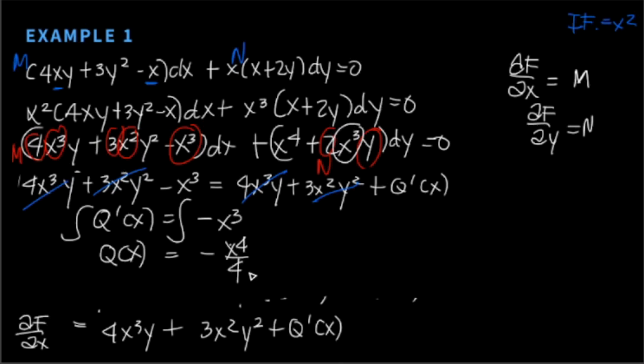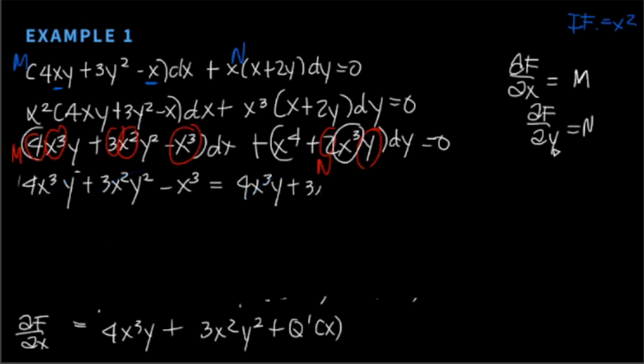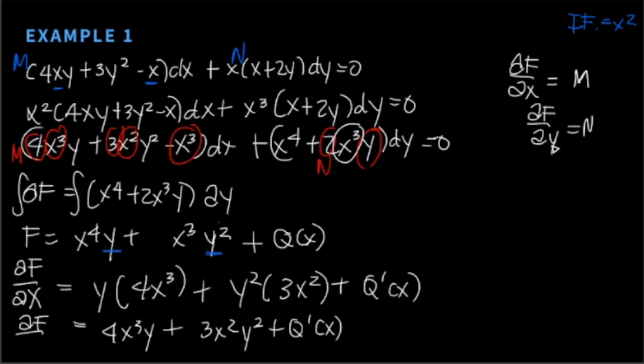So, ngayon balik natin tong q of x natin sa f natin. So, ang f natin kanina is, wait lang, hanapin natin ulit. So, note natin dito, negative x raised to 4 over 4. So, ito yung f natin.